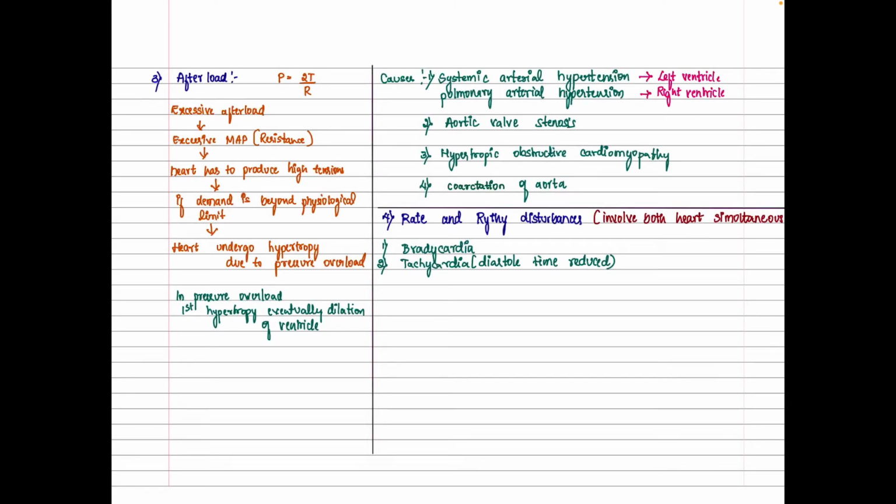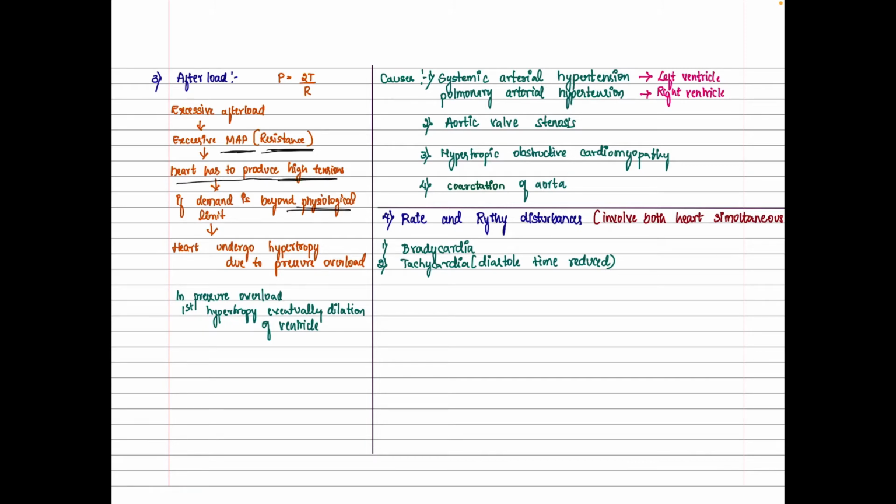Now let's see afterload problems. Afterload is nothing but the resistance to be overcome during systole by the ventricles. This is also called mean arterial pressure. The left ventricle has to overcome systemic arterial resistance and the right ventricle has to overcome pulmonary arterial resistance. When there is increased afterload, the heart has to produce high tension to overcome the resistance.